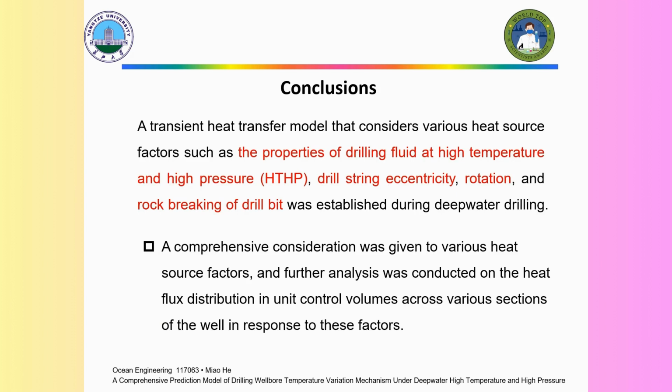Conclusions. A transient heat transfer model that considers various heat source factors, such as the properties of drilling fluid at high temperature and high pressure (HTHP), drill string eccentricity, rotation, and rock breaking of the drill bit, was established during deepwater drilling. A comprehensive consideration was given to various heat source factors, and further analysis was conducted on the heat flux distribution in unit control volumes across various sections of the well in response to these factors.